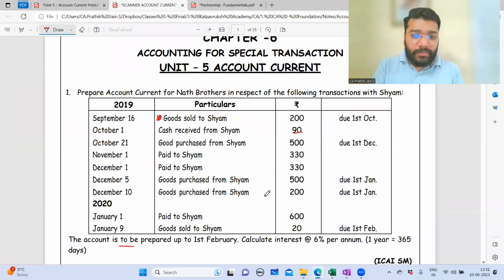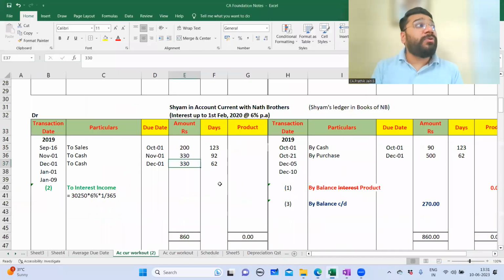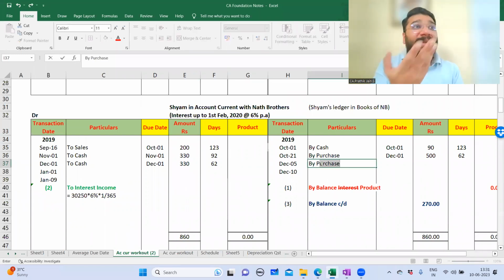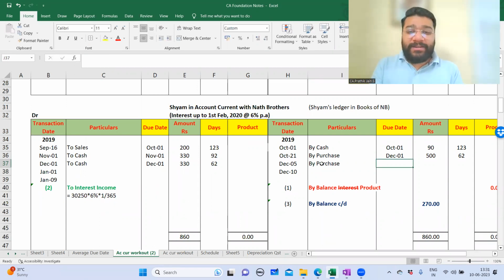Now, December 5. Goods purchased from Sham, 500 rupees. Sham, to purchase. So, by purchase. See, people are thinking. Due date? December 5, sir? Transaction date is not the due date for purchase.